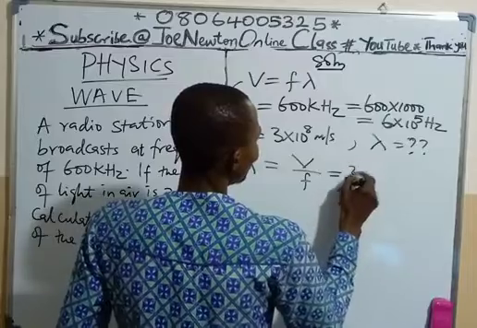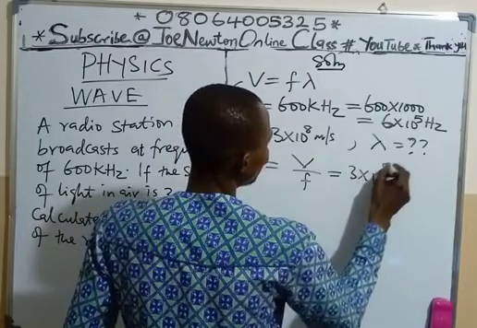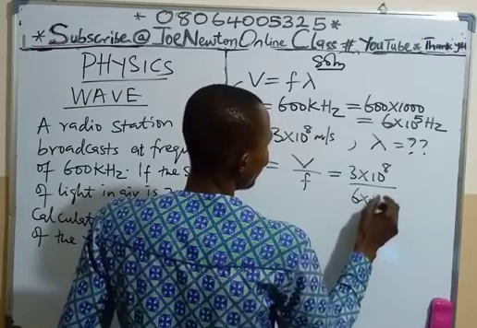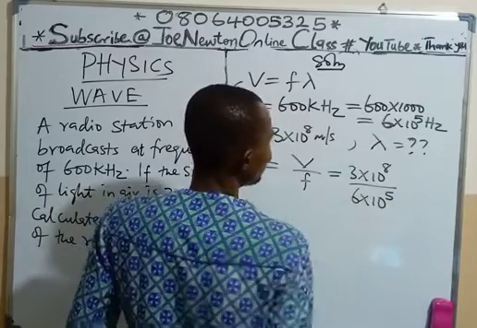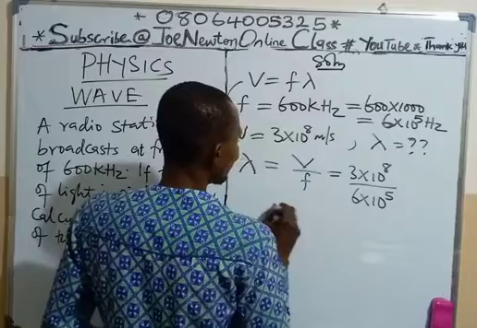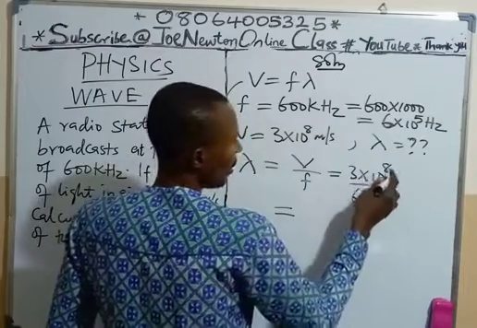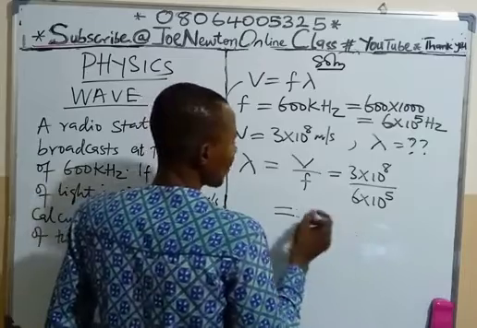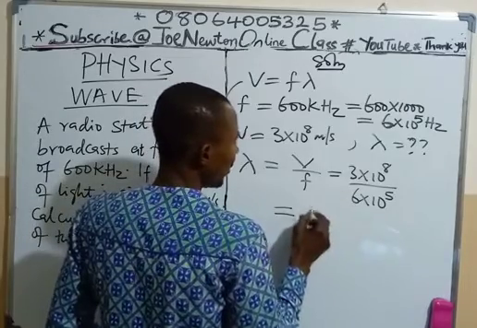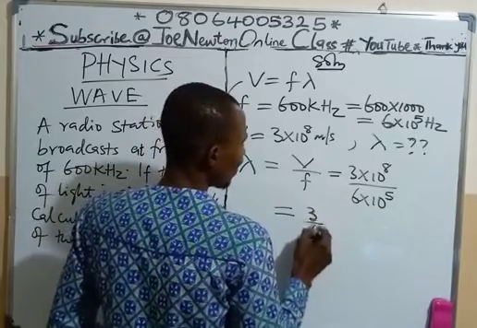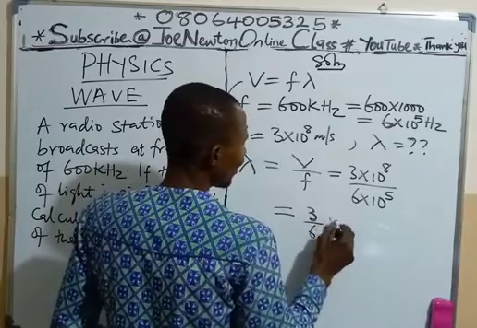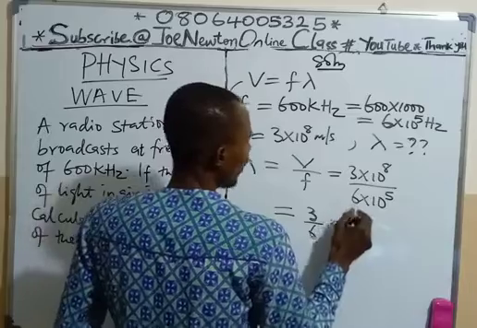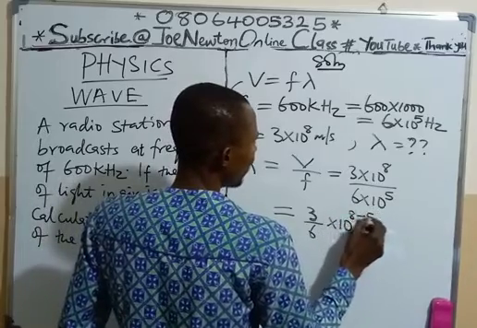Our speed is 3 times 10 raised to power 8, all over our frequency, which is now 6 times 10 raised to power 5. Then, using standard form, we will now have 3 over 6 times 10 raised to power 8 minus 5.